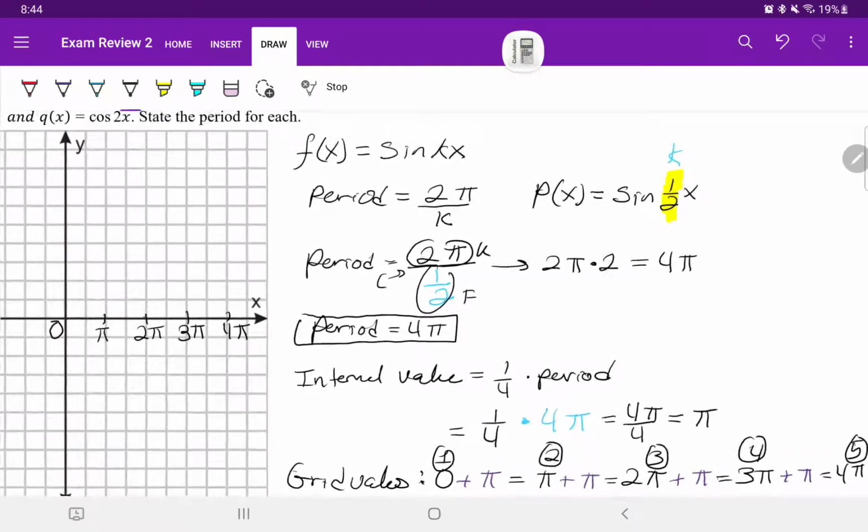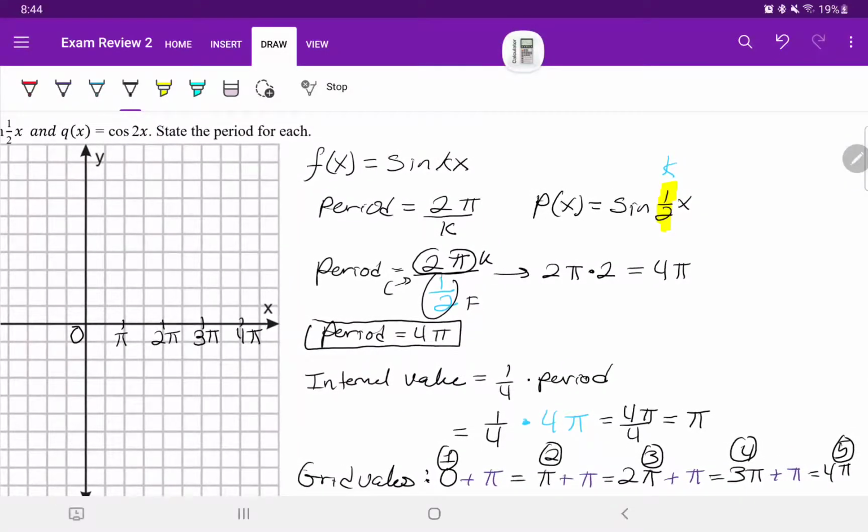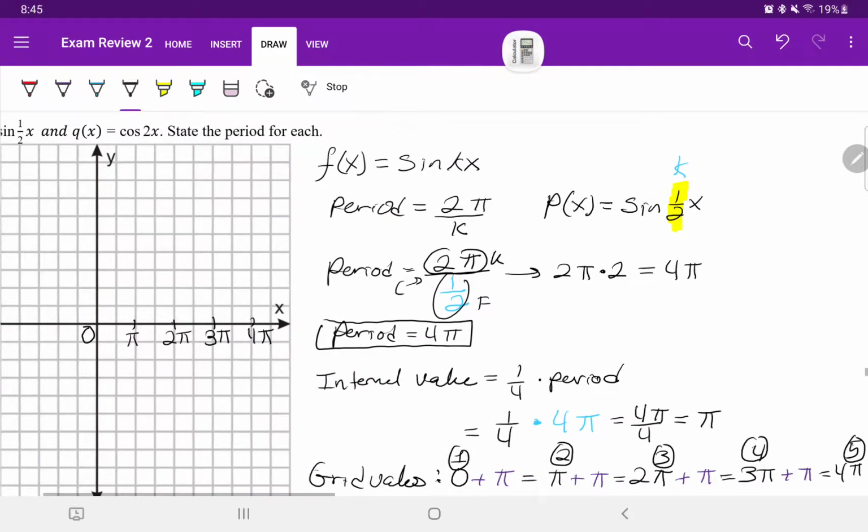So now we have our grid values. The number in front of the sine function is 1, which means the amplitude is going to be 1. When the number in front of the function is different, we can expect a different amplitude. So the highest value the function is going to attain is +1. The lowest is going to be -1. And remember, this is a sine function.